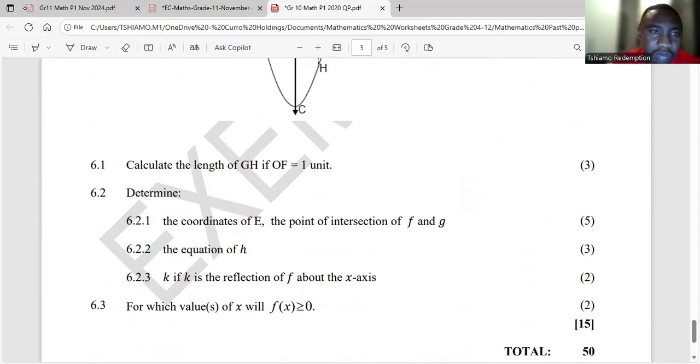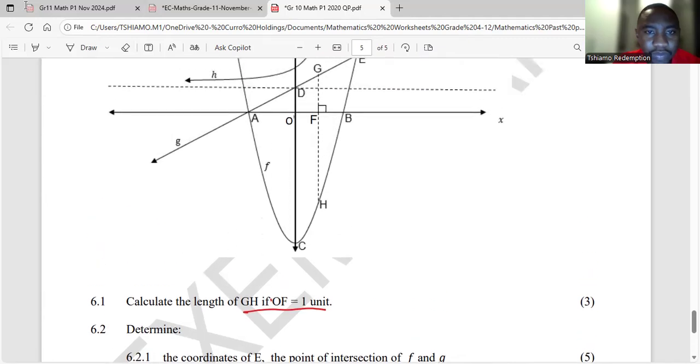So let's look at this part now. OF is this one. They say calculate the value of GH. How much is the length of GH, from here to there? Here it's 1.